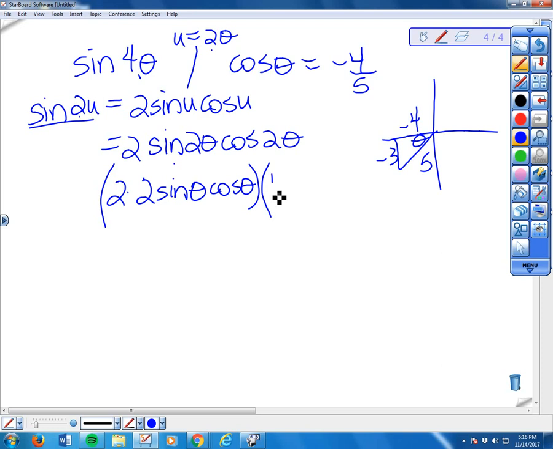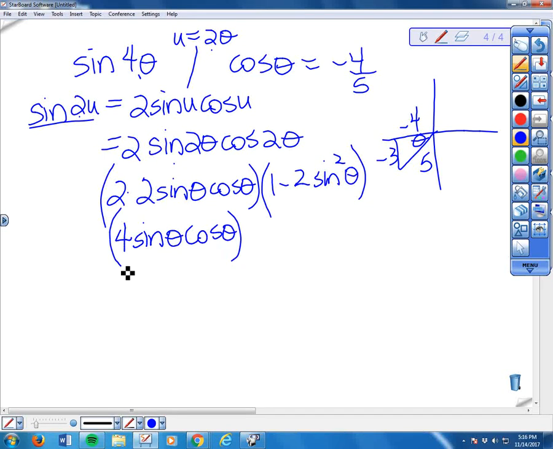I just picked one: 1 minus 2 sine squared theta. So this gives me 4 sine theta cosine theta times 1 minus 2 sine squared theta.